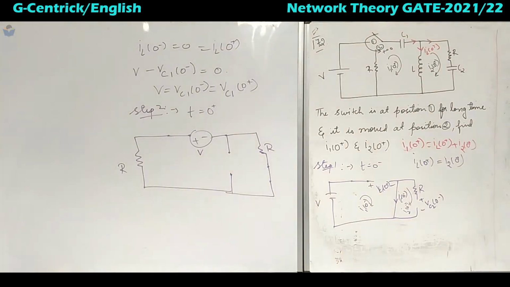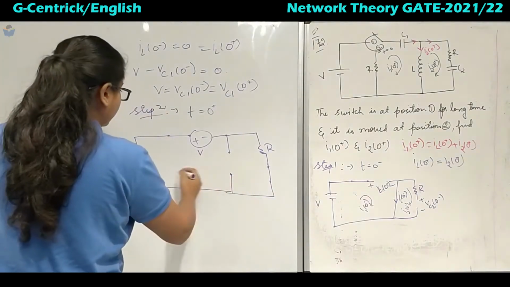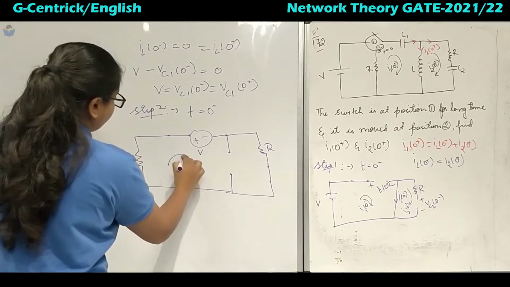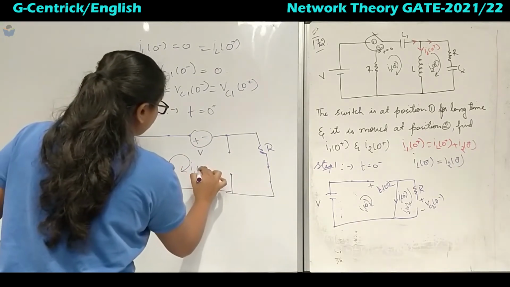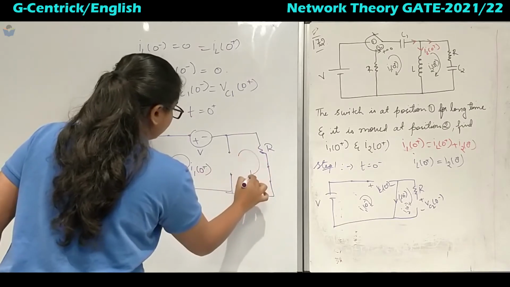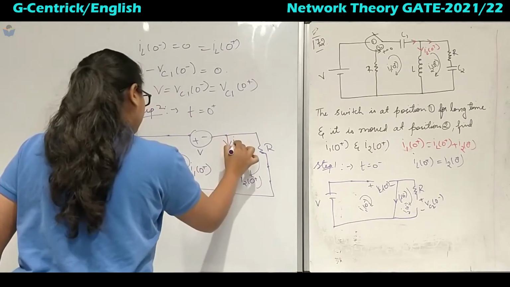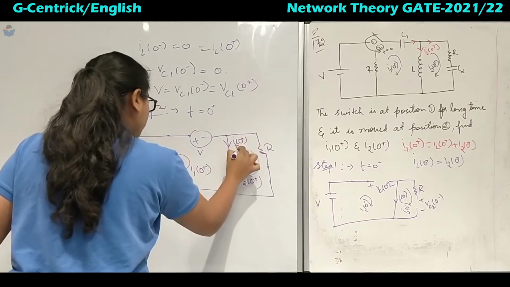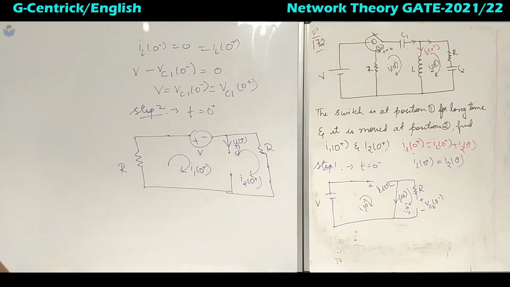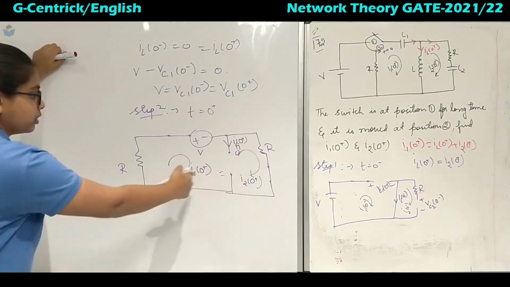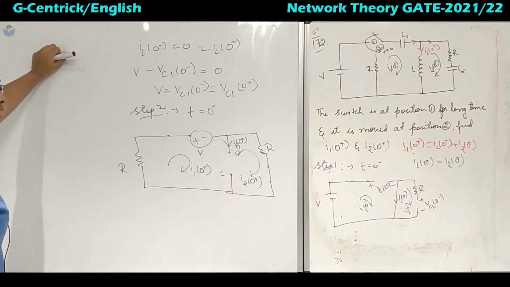Now what do we have to analyze? We have here plus minus, and the current in this one we can take as I1 of 0 plus, in this it is I2 of 0 plus, and here it is IL of 0 plus, which is equal to 0. Both currents are equal, because this is a series circuit and the same current must flow in a series circuit.